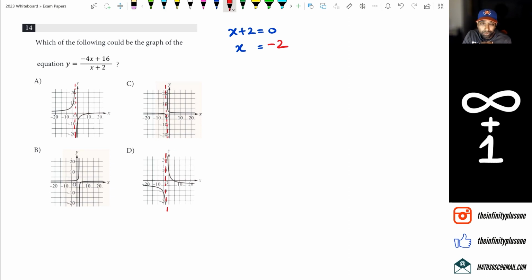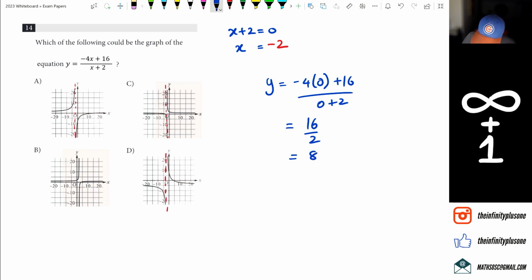Now the next thing I would do is put down x is equal to 0. When I put x equals 0, I'm going to get negative 4 times 0 plus 16 divided by 0 plus 2, which equals 16 over 2, which equals 8. So I'm looking for a point. This point exists in one of the graphs.